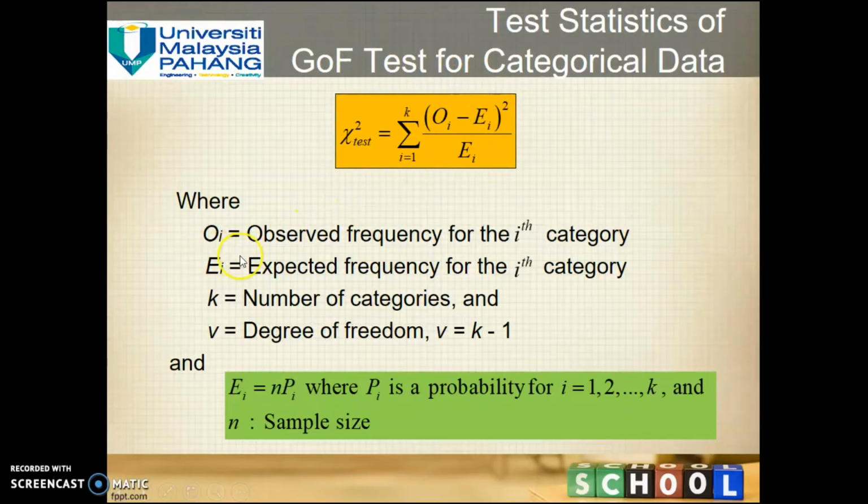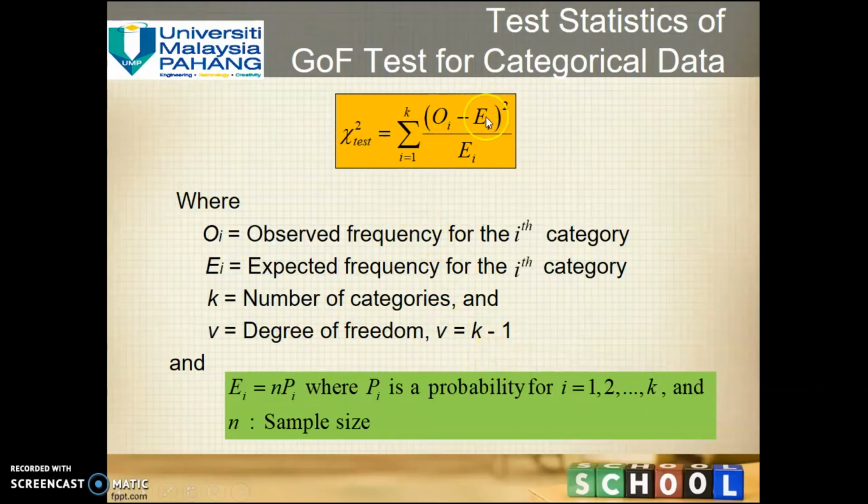So O here is the observed frequency, E here is the expected frequency, K here represents the number of categories, and the degree of freedom for the chi-square distribution, your critical value, is K minus 1.